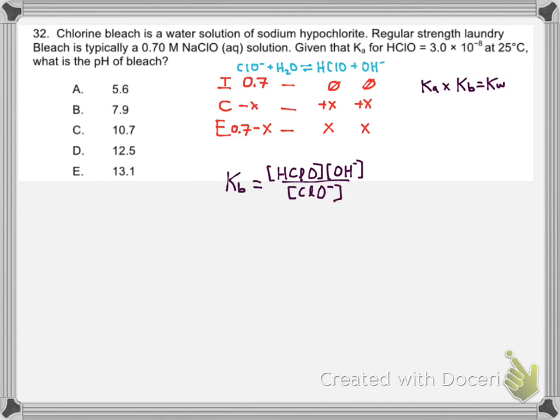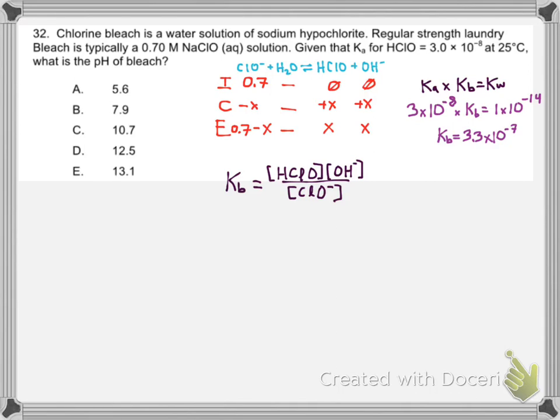We can use our relationship that Ka of a conjugate acid times Kb of its conjugate base equals Kw. At 25 degrees Celsius, this is equal to 1 times 10 to the negative 14th. When we solve for Kb, we get that Kb of hypochlorite is 3.3 times 10 to the negative 7th.